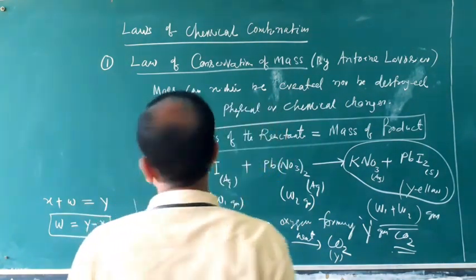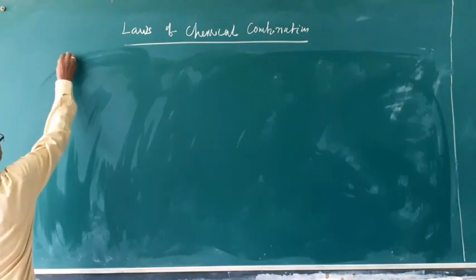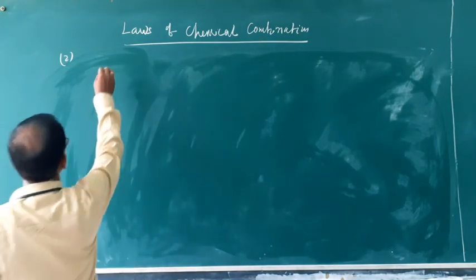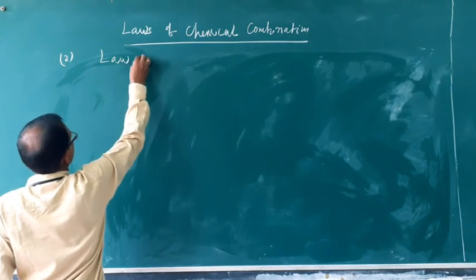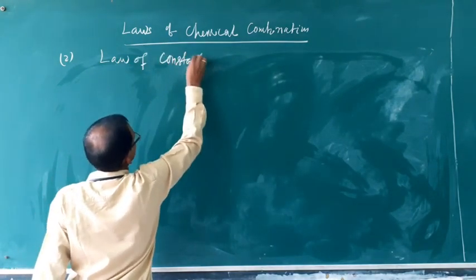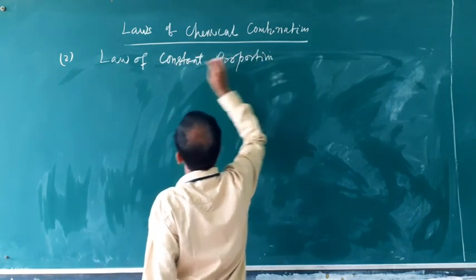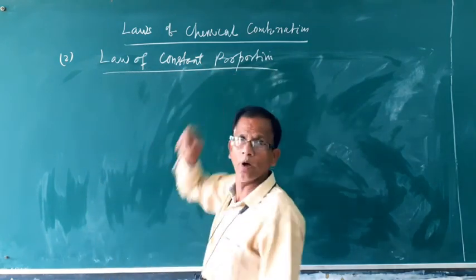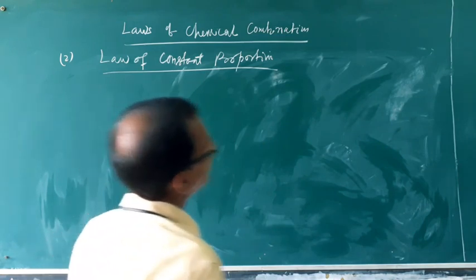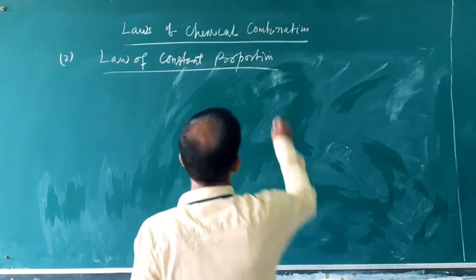Then we come to the second law of combination, that is the law of constant proportion. This law was stated by J.L. Proust.